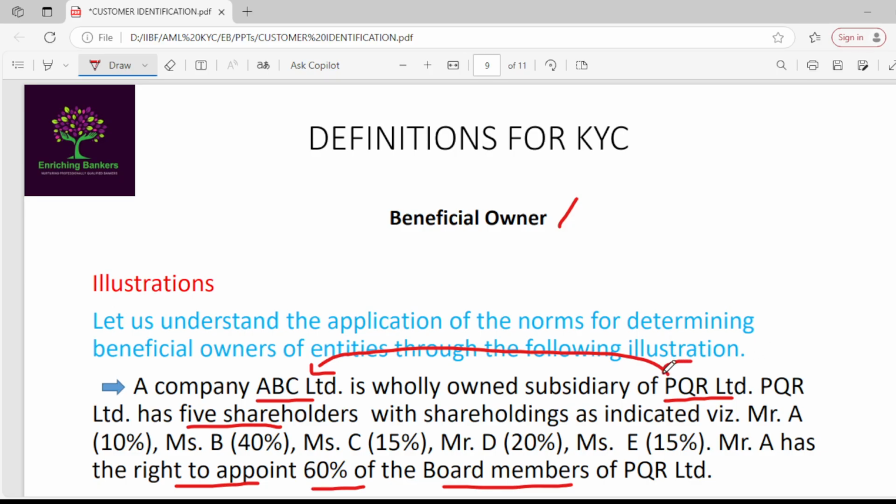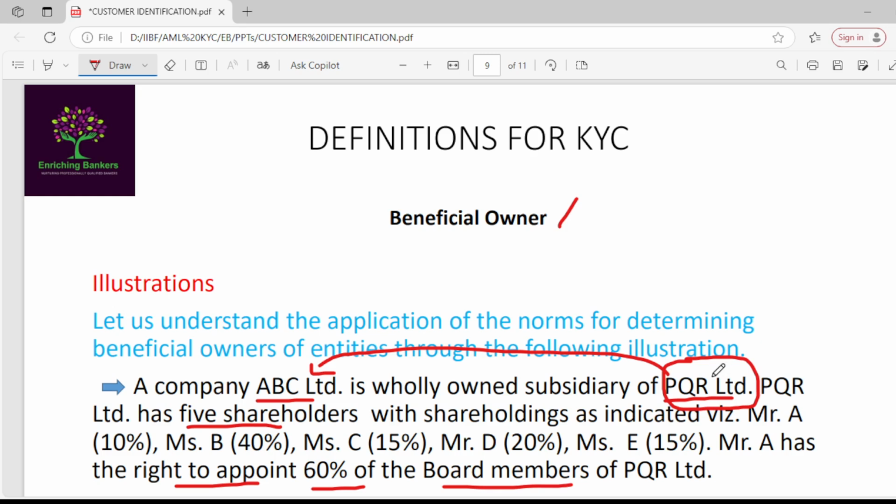PQR Limited is not a natural person. That's why it has not fulfilled the condition of natural person, and so PQR Limited is not a beneficial owner.